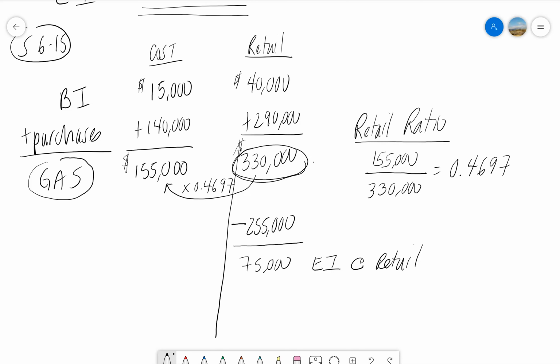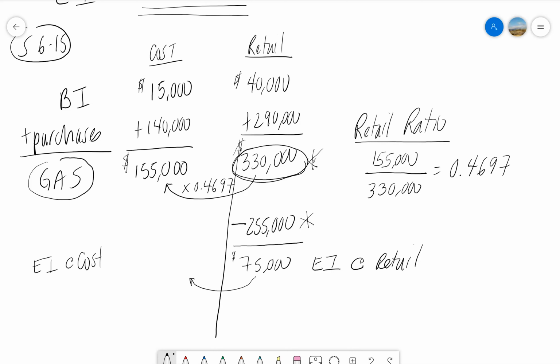Now, if this is the goods available for sale at the retail price, and we know that we actually made actual sales at the retail price of 250,000, this would be our ending inventory left over at the end of the year based on our retail price. So now all we've got to do is convert this back into the ending inventory at cost.